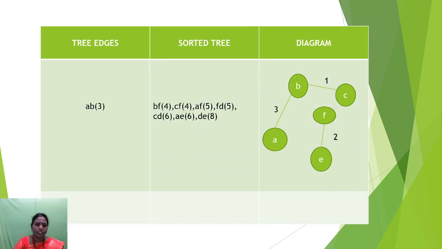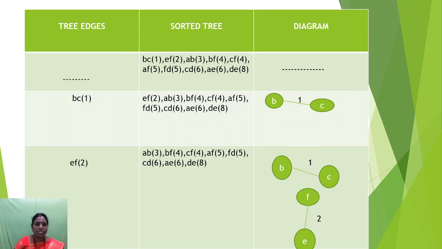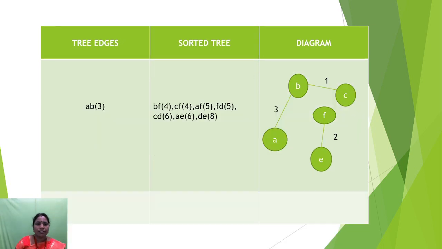Now you go for the third step, AB 3. Initially we chose BC 1 on the left-hand side and EF 2 in the next row. Next we go for AB 3 in the next row, because this is the third lowest value. For the rest of the sorted tree, you just repeat the previous step, you don't need to change anything.